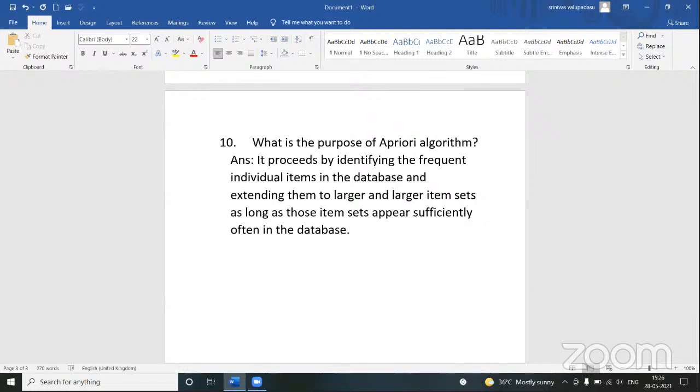So we can identify the individual items and combinations that are more purchased. In that case we can use this Apriori algorithm.